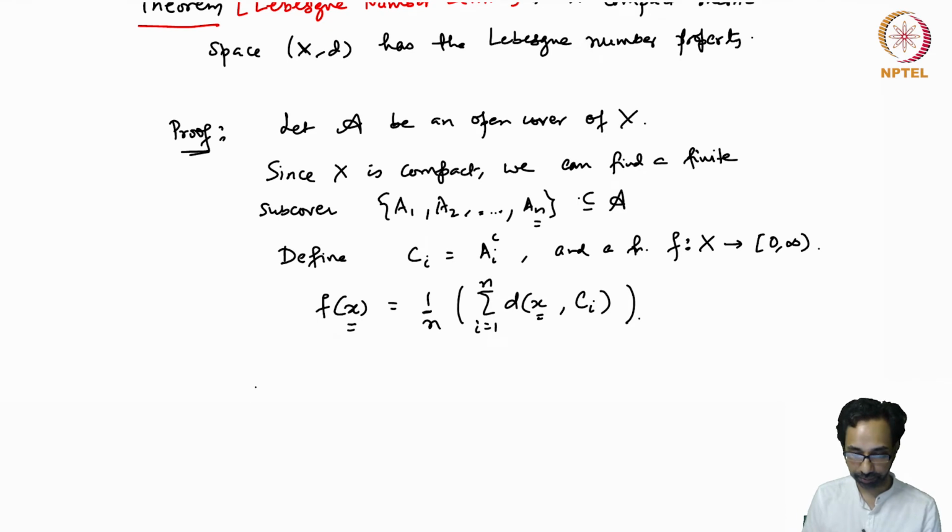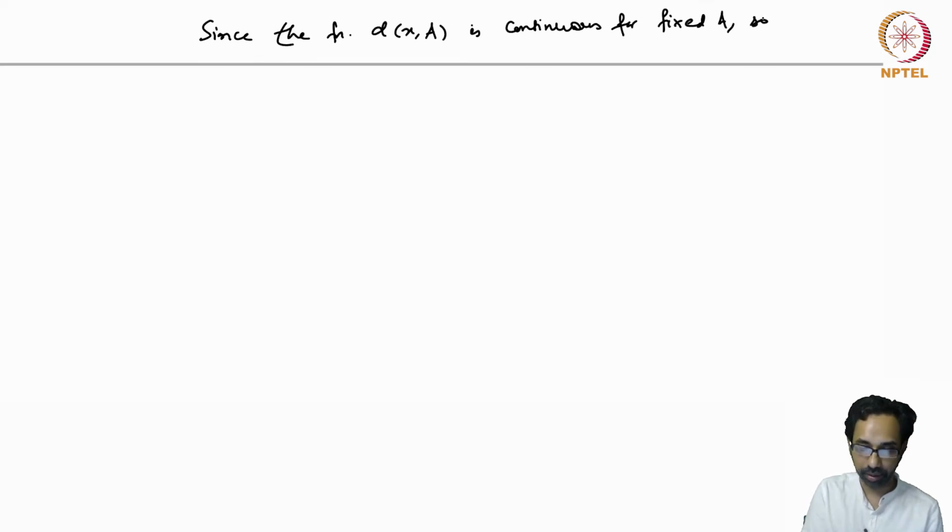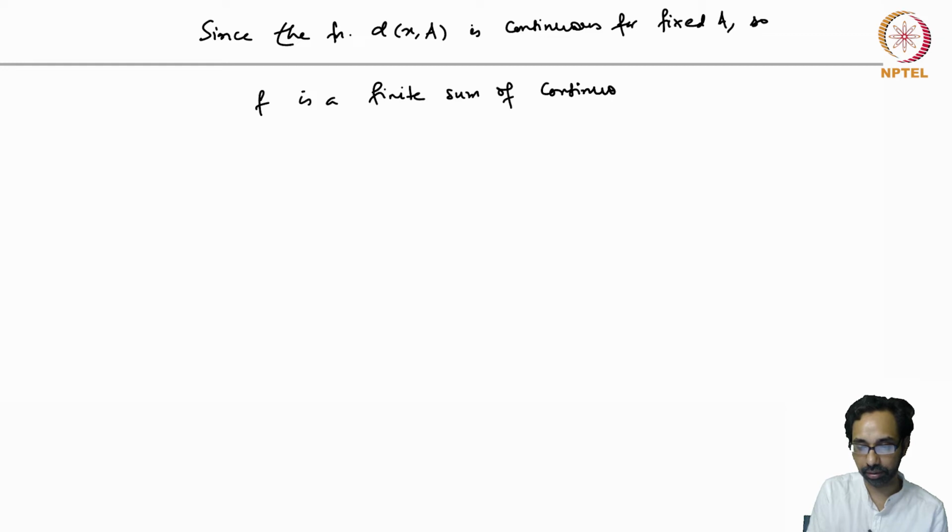So we have already shown that since the function d(x, A) is continuous for fixed A, then f is a finite sum of continuous functions. So let me write it here. So f is a finite sum of continuous functions, and so it is continuous.